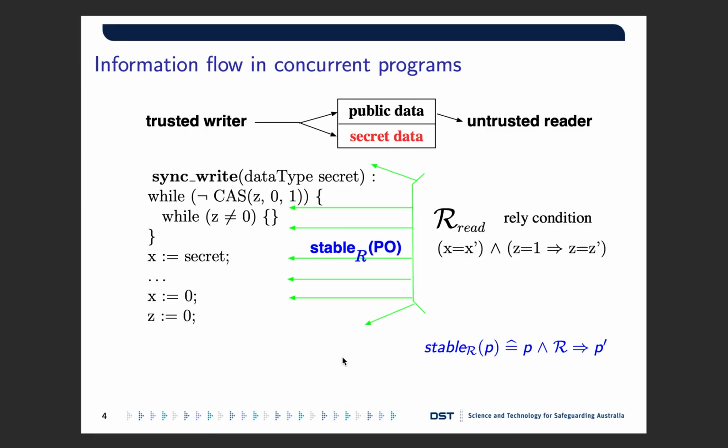To prove that the environment does not break the proof obligations we have defined for each line of code, we define a predicate that we call stable under R. We say a predicate, like the proof obligation here, is stable under the environment, or under R, if it holds initially and the environment does one or more steps, here abstracted by R, then it still holds afterwards. And this is saying that the environment does not break our proof obligations.